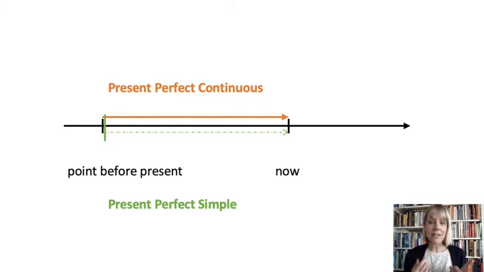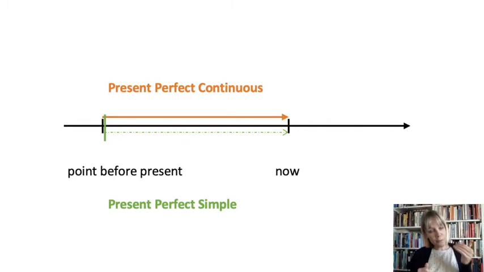Now, as this here is the timeline for the present, the point of reference is now. If you're dealing with a past perfect, this point in time is one point in the past. If you're dealing with the future, this point of reference is one time in the future.